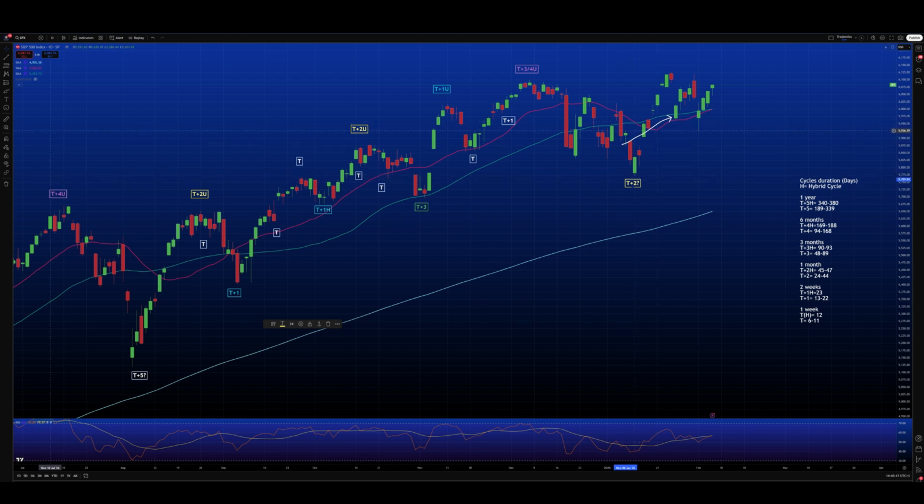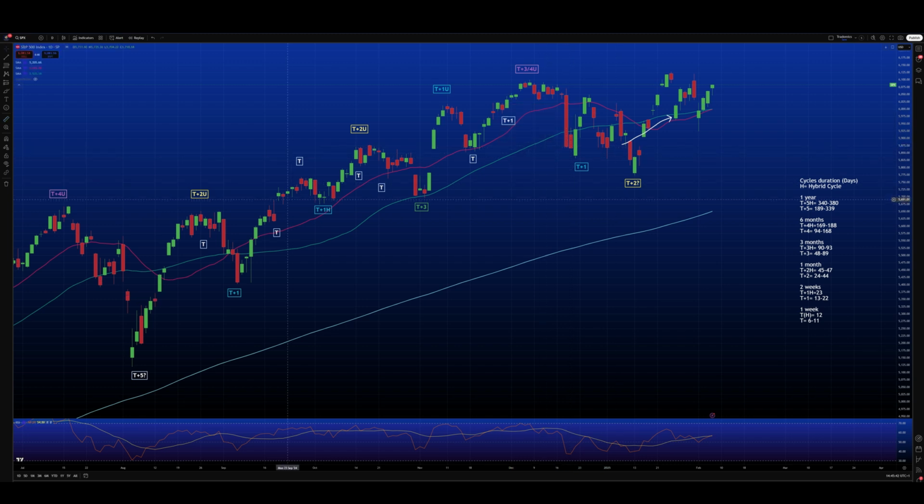So from this low here to here, we have 13 bars. So here we have a T plus 1. So I can update the chart accordingly. And from this low here to here, we had 16 bars.